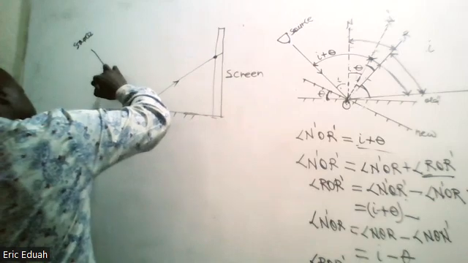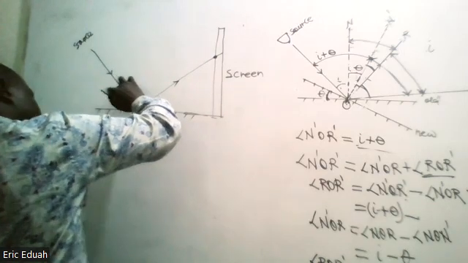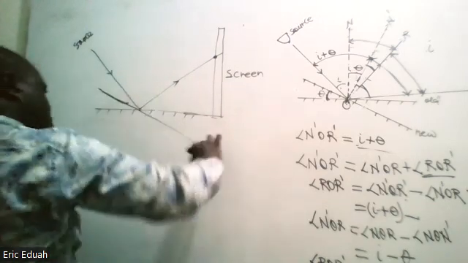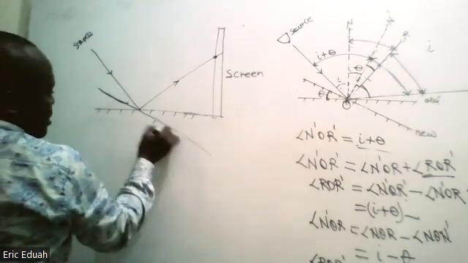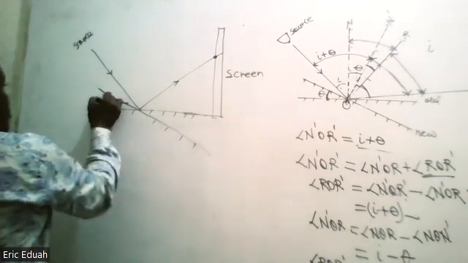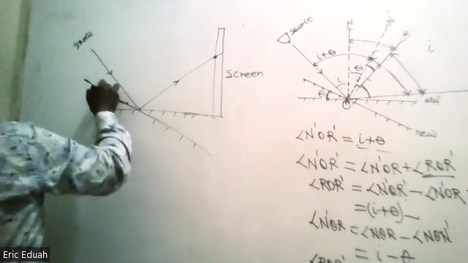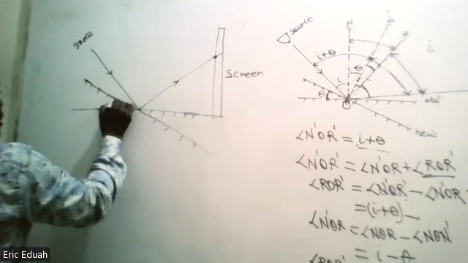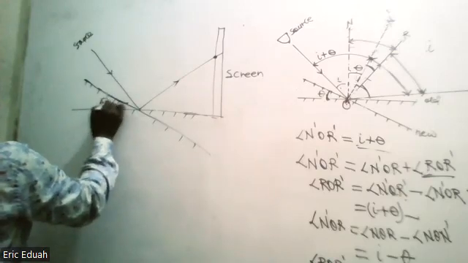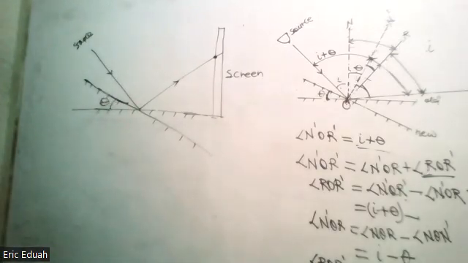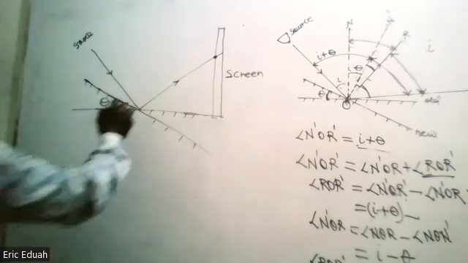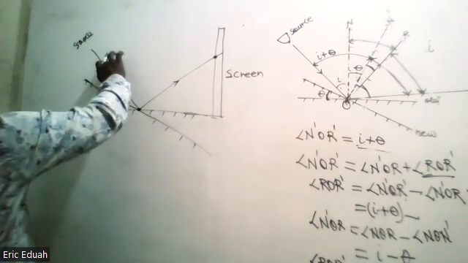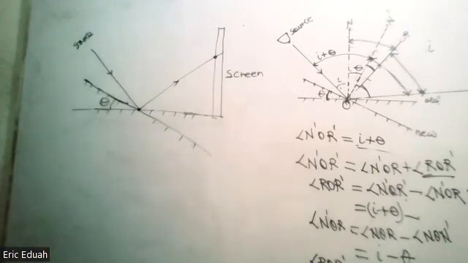It's rotated in a clockwise or can be anti-clockwise. So there is a mirror rotated through an angle theta. So angle of rotation theta. Okay, we are not changing the angle of the incident ray, it's still what it is.